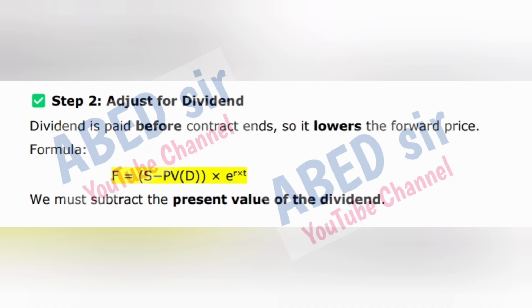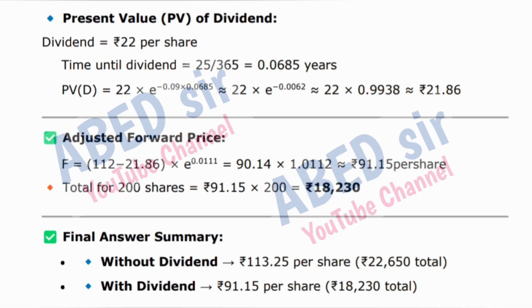Dividend is paid before contract ends, so it lowers the forward price. Formula. F is equal to (S minus PV of D) times e to the power R times T. We must subtract the present value of the dividend. Present value, PV, of dividend. Dividend is equal to 22 rupees per share.